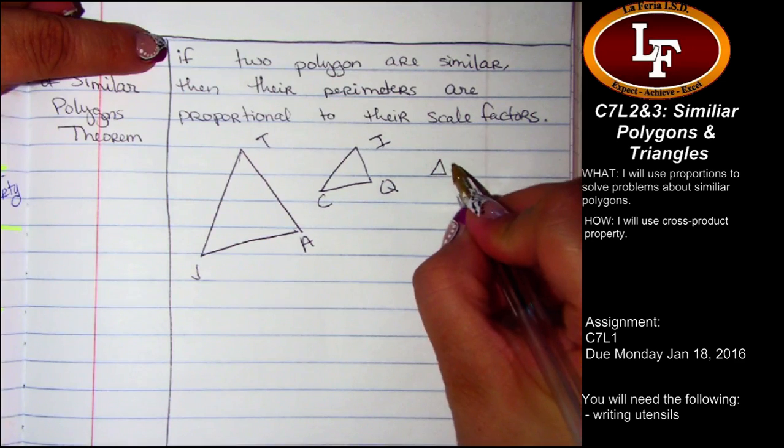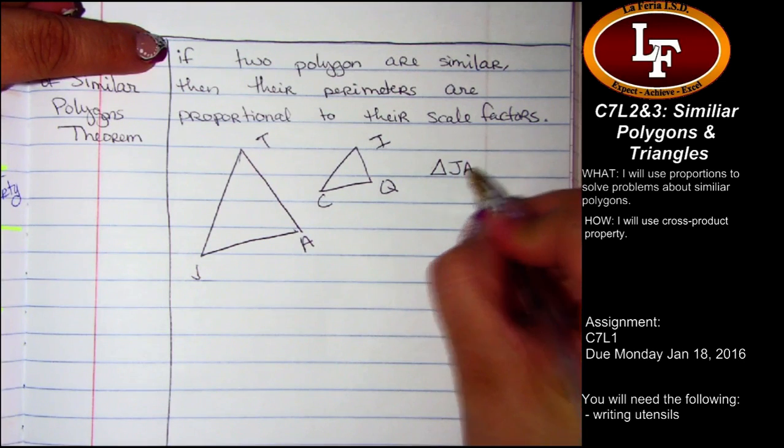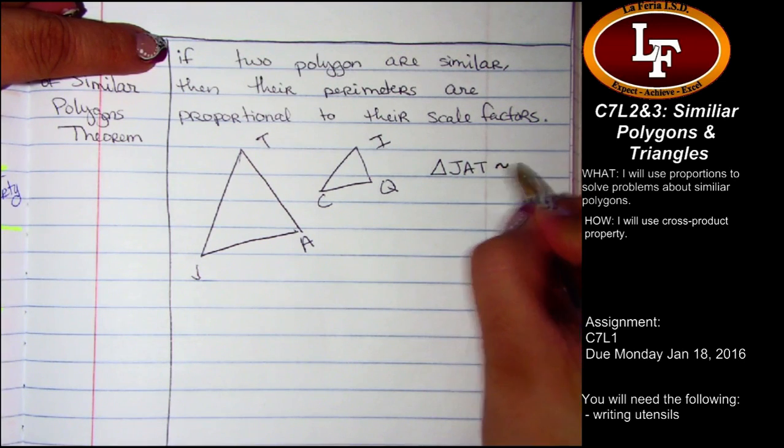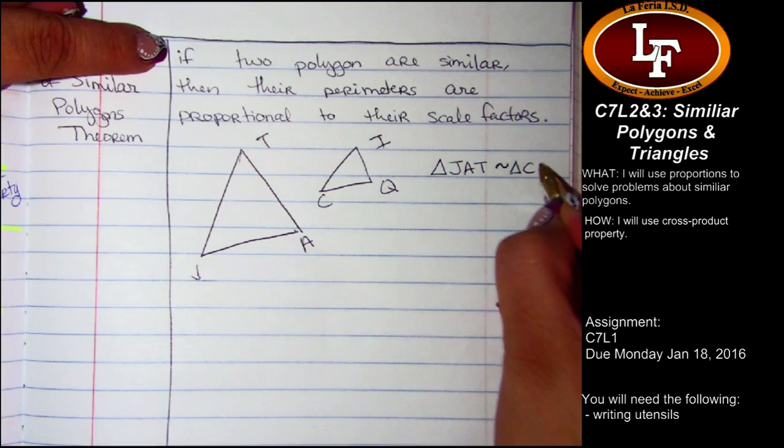So we're going to write over here that triangle JAT is similar to triangle CQI.